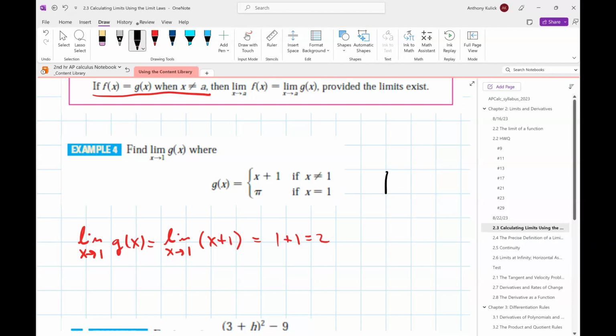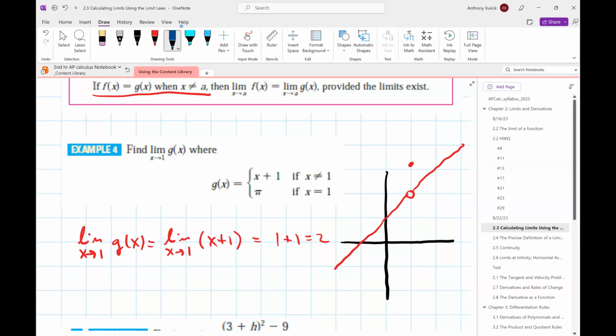The alternative here, if you're having trouble looking at it purely algebraically, let's look at the graph of this. So x plus 1 is the line, with slope 1. So it looks like this. But at x equals 1, it's an open circle, and then there's going to be a point elsewhere.